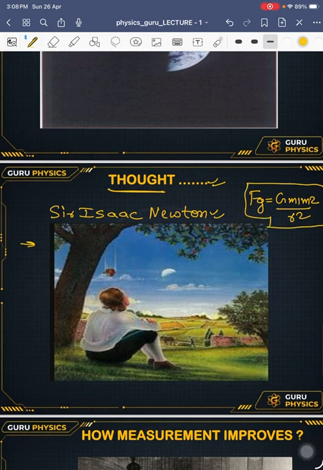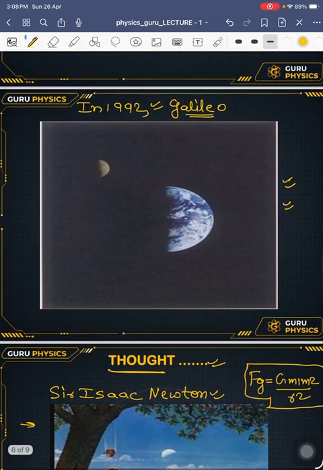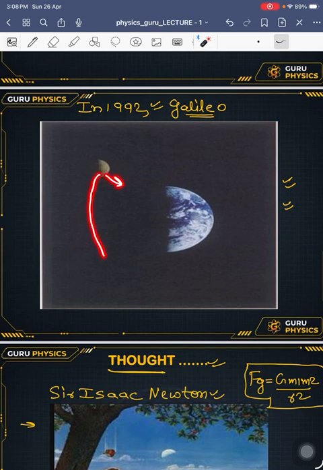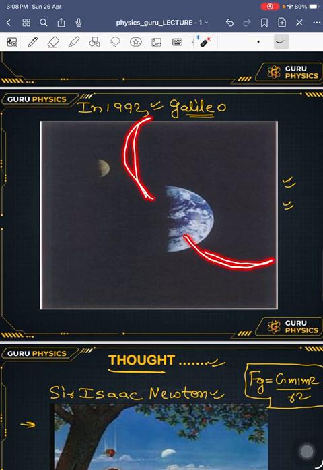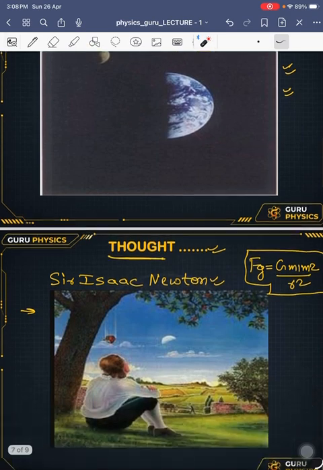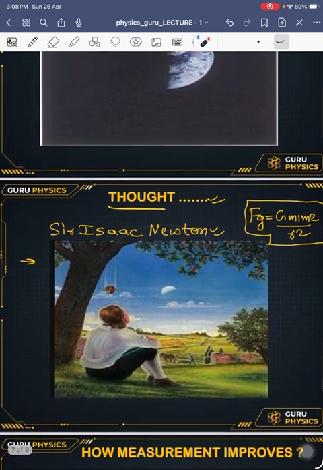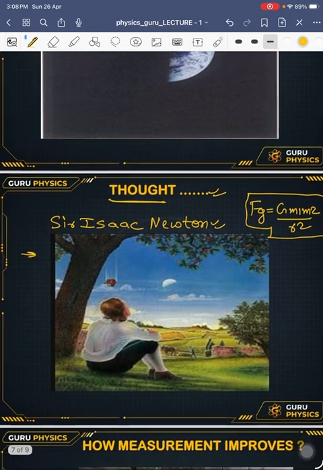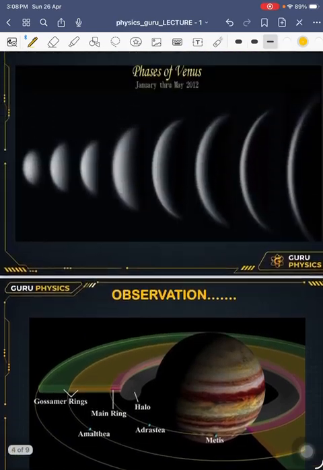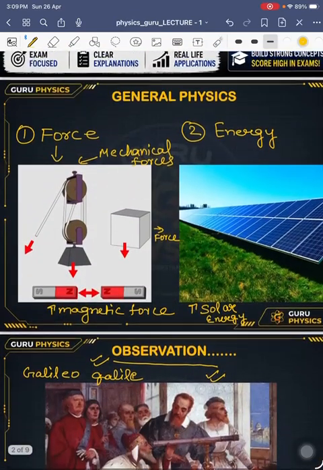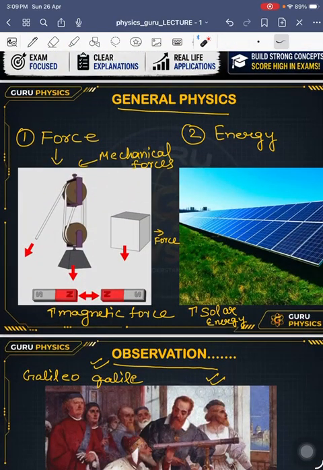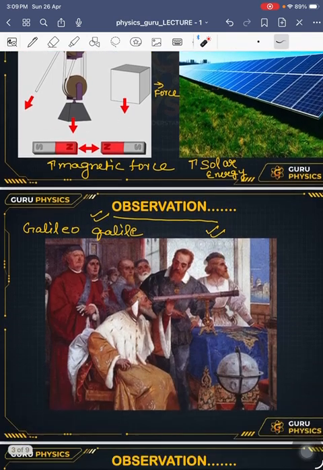Suppose we talk about the moon and the earth: the moon is revolving around the earth due to the gravitational force. And the earth is rotating around the sun due to the gravitational force; it completes the year. We all know this. So we get to know that the ideas in general physics, the idea of force and the idea of energy, can come via two methods.